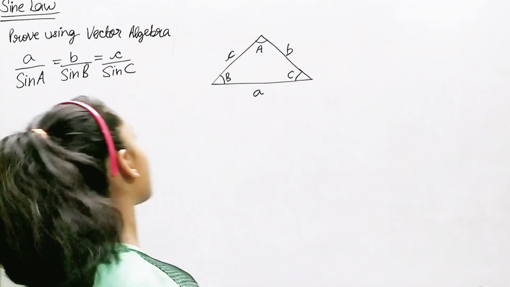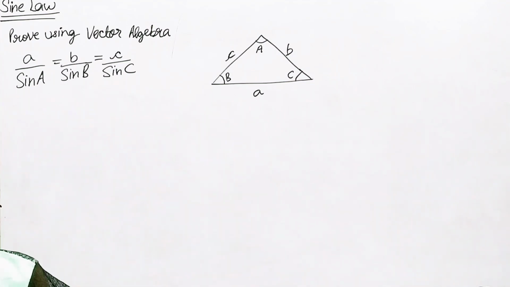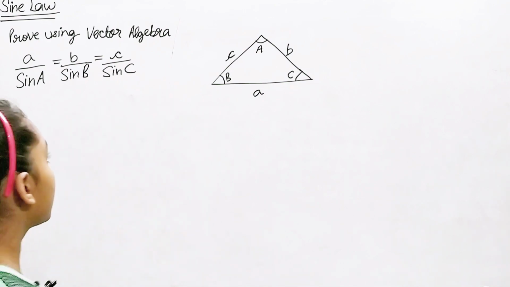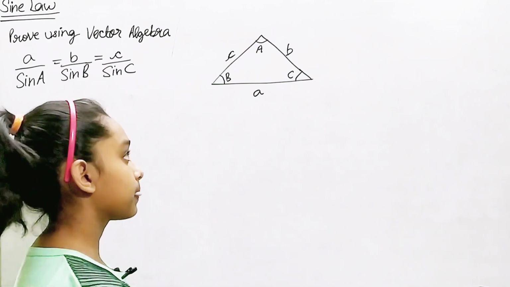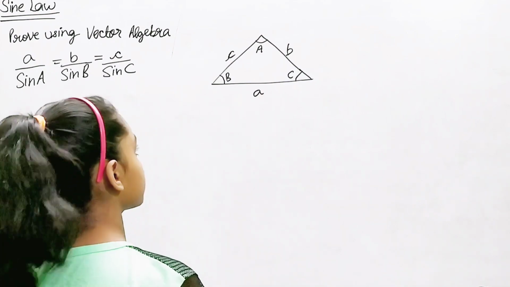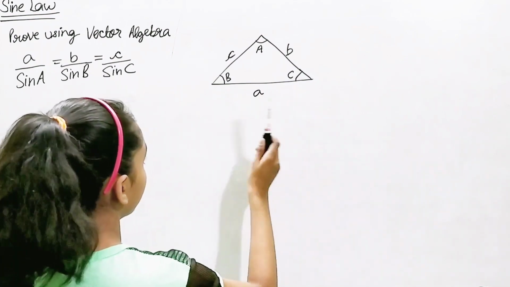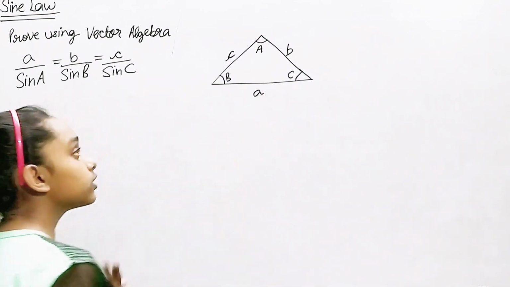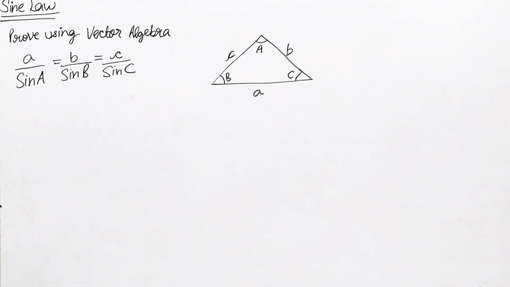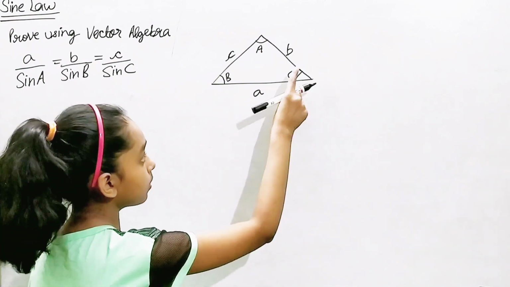First of all, a figure is given to us, and there's a formula for sine law, and that is a by sine A is equal to b by sine B is equal to c by sine C. Now let me ask you a question: what are the sides of this figure? You're going to say the sides are small a, small b, and small c.